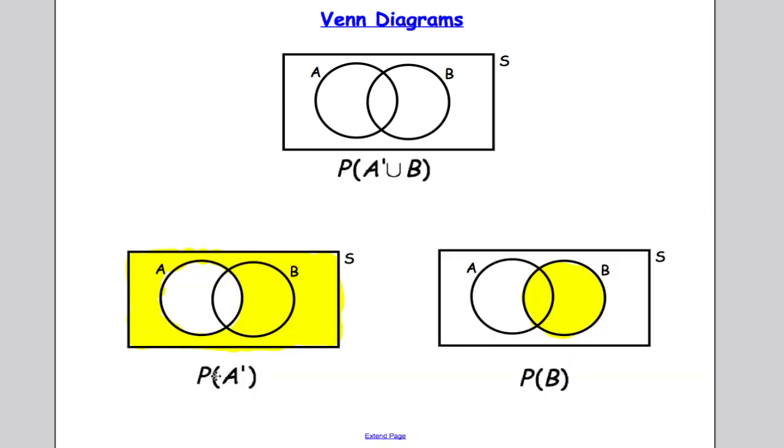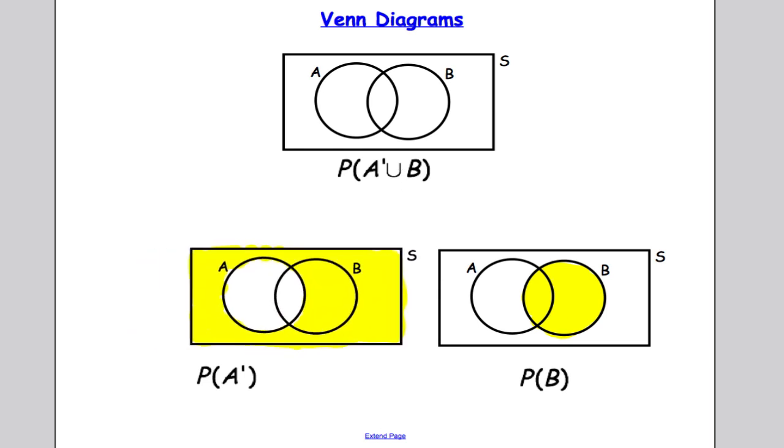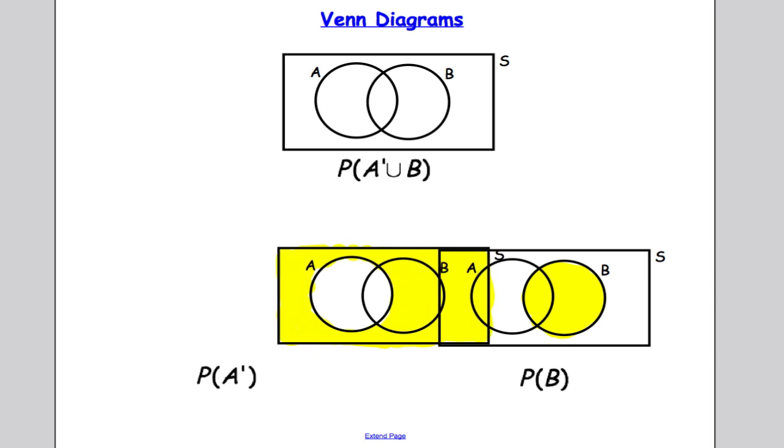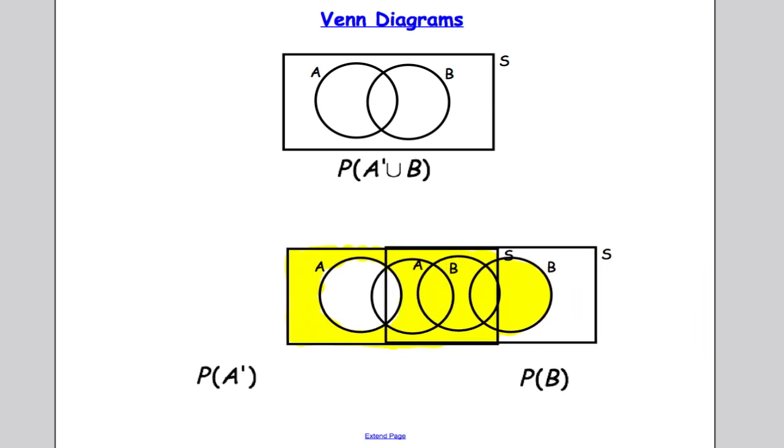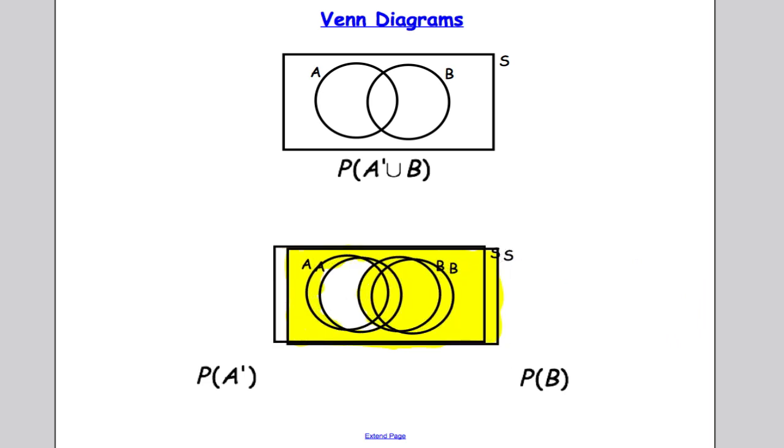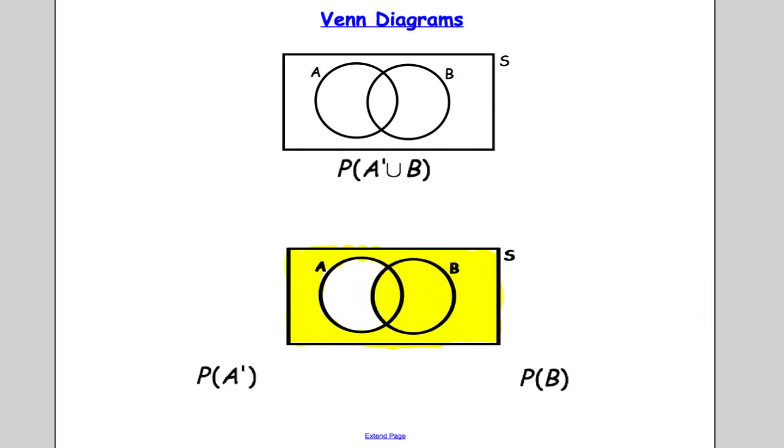So if you remember from earlier, this is A complement, so everything that's not in A, and this is B, which is everything in B. So to get the probability of A complement union B, what I can do is overlap these two sample spaces, and that will tell me exactly what region we're interested in.